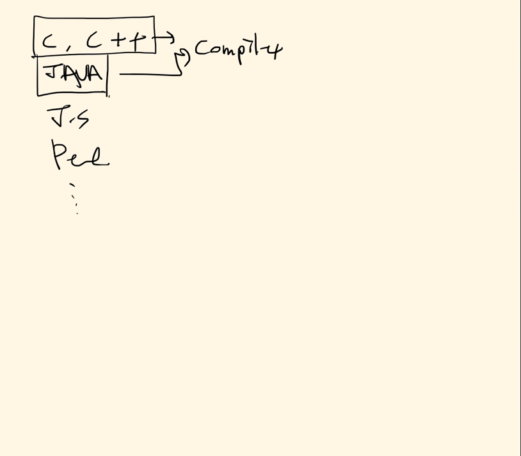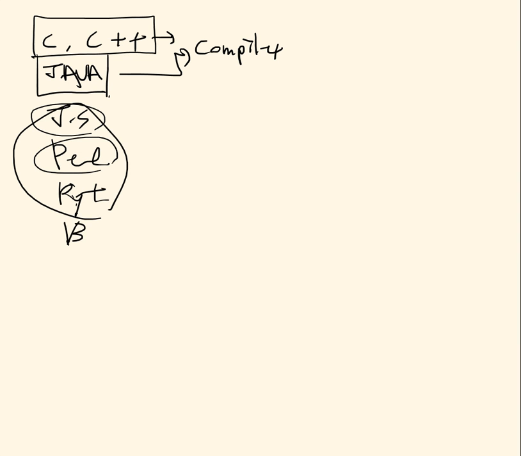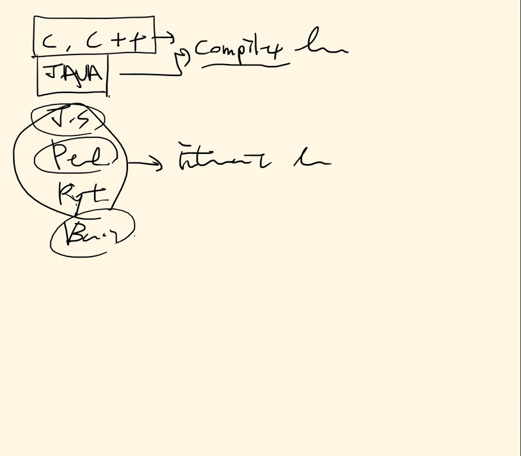But as you already know, JavaScript, Perl, Python, and Basic, those kinds of languages are interpreter languages, and this one is a compiler language because if you write some code with a compiler language, then in order to execute the program, you need to compile.